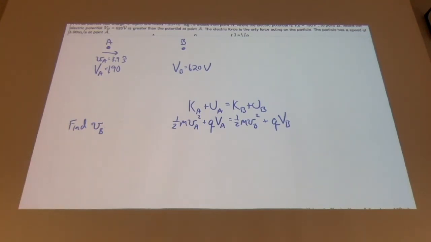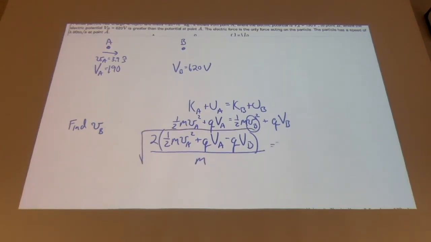So we're solving here for the velocity at point B, which just means some algebra must be done, right? So let's see, 1/2 mass velocity A squared plus Q VA minus Q VB. And we're going to have to take that whole thing and multiply by 2 and divide by the mass and take the square root. There we go. Did all the algebra in one fell swoop.